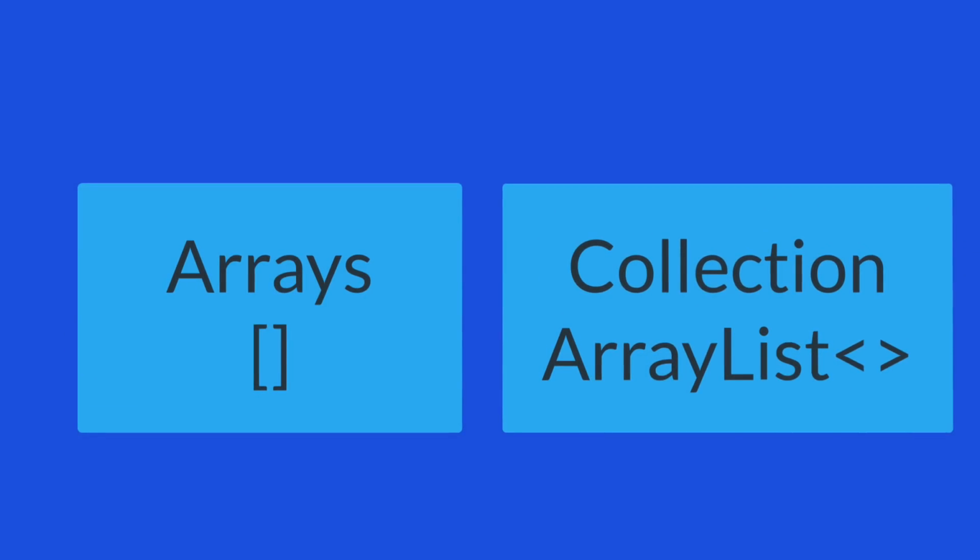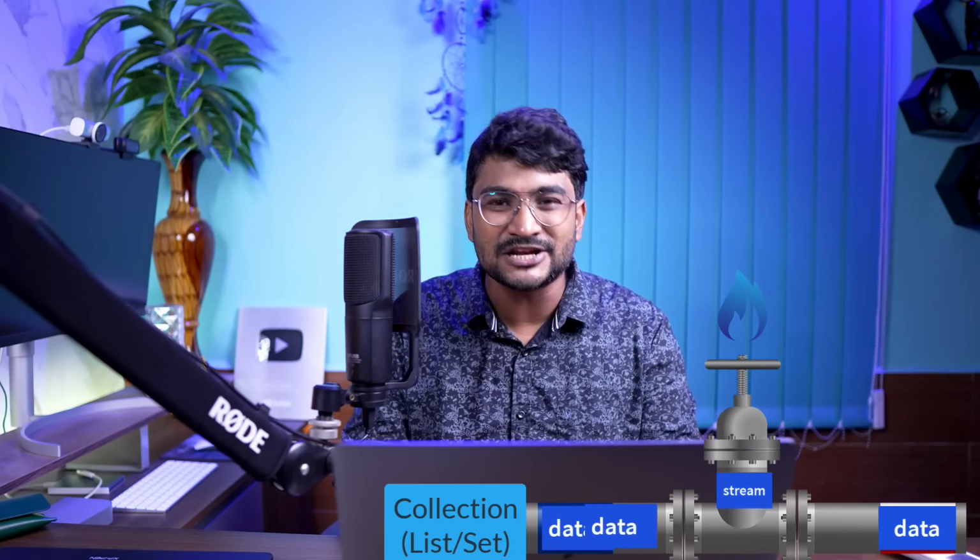Obviously, we can have a lot of different data structures, like we can store data in arrays, we can store data in collections, and then we can get data from those data structures and process it. We'll get into that again, but let's try to do something very simple right now. We'll just try to generate some data.